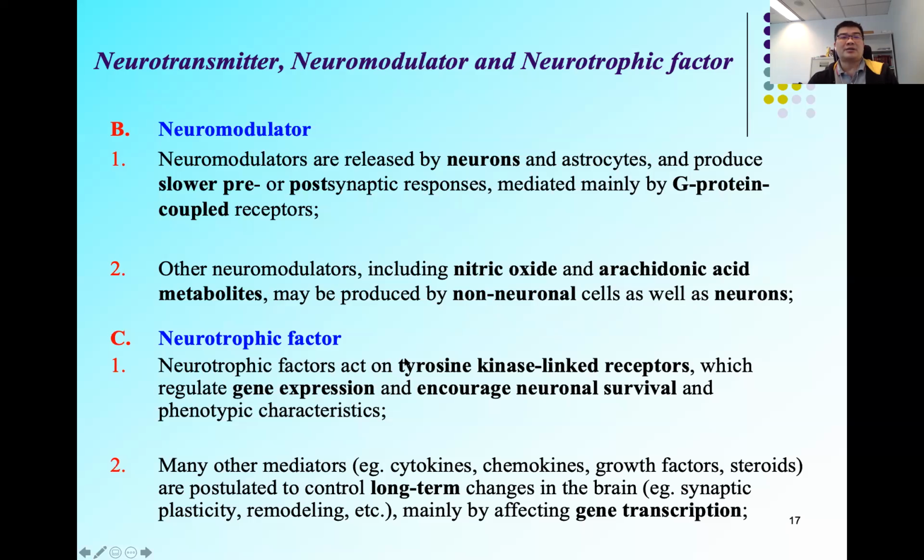Neurotrophic factors. They are, for example, tyrosine kinase linked receptors. They regulate gene expression and encourage neuronal survival. Now, neurotrophic factors are very important in the survival of neurons, particularly neuron and muscle, neuron and neurons. Okay, because this is like a relationship in which, if you want to support a relationship, you have to give something out to encourage it, just like you and your boyfriend or girlfriend, or just friendship.